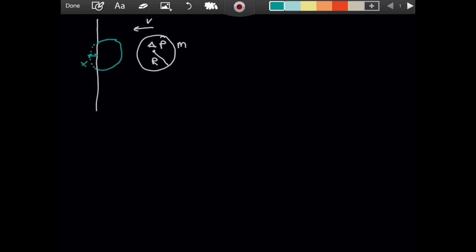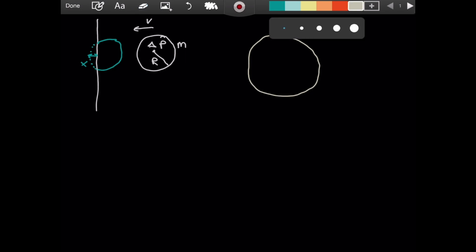Alright, I assume that you gave it a go and now you're ready to see the solution together. How do we start though? What is the best approach here? The best approach is to first draw the ball again. Let me erase this part. Alright. Now this much is compressed.